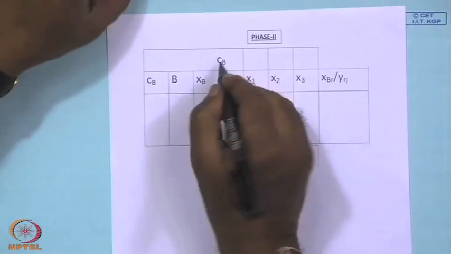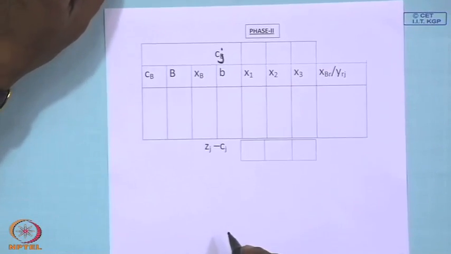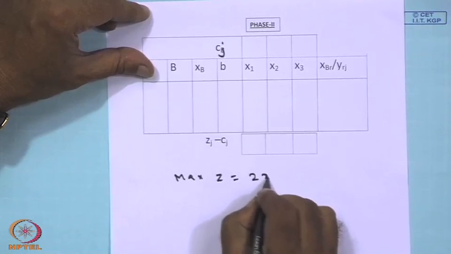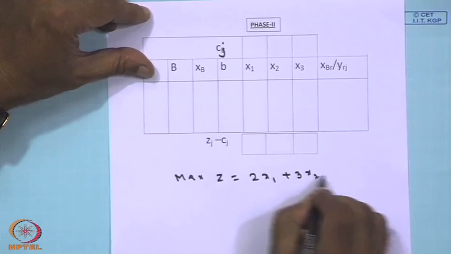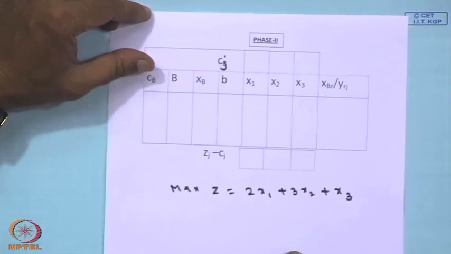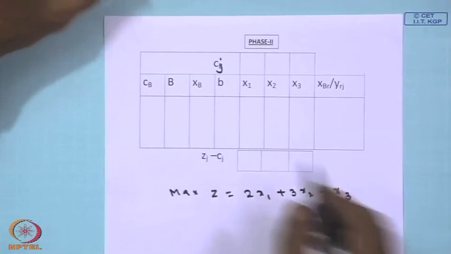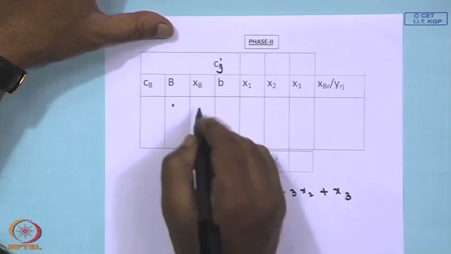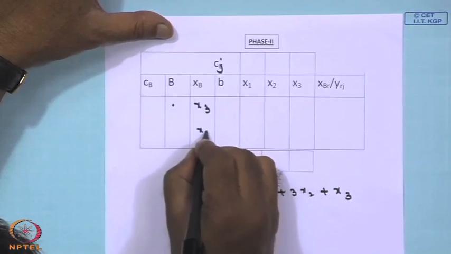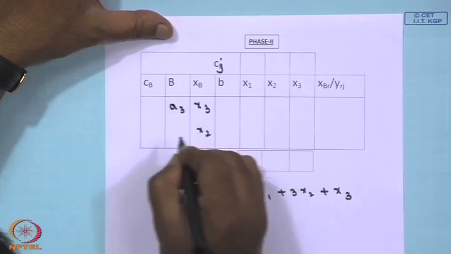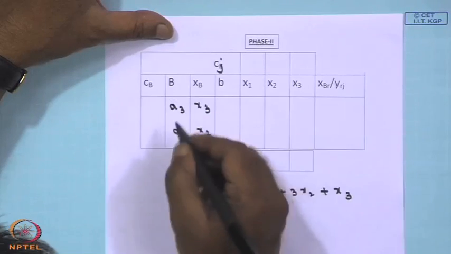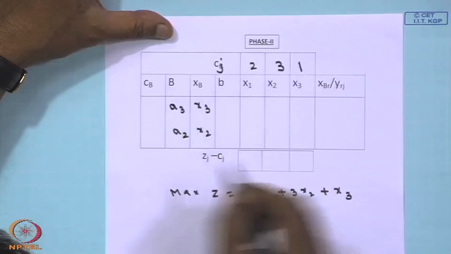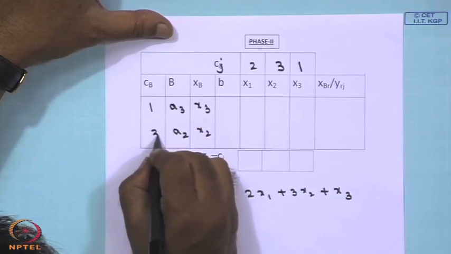Here in Cj actually you will take the objective function, that is maximize z equals, you will take the original function 2x1 + 3x2 + x3. So, in this case you are taking the original data, that is a3 and a2. The original table will remain same, a3, a2, your Cj value only this row will be changing, 2, 3, 1, this is 1, this is 3.